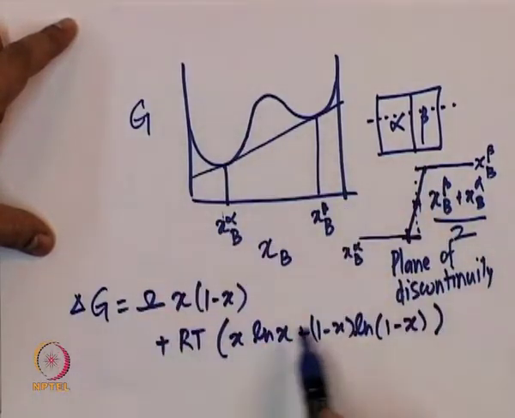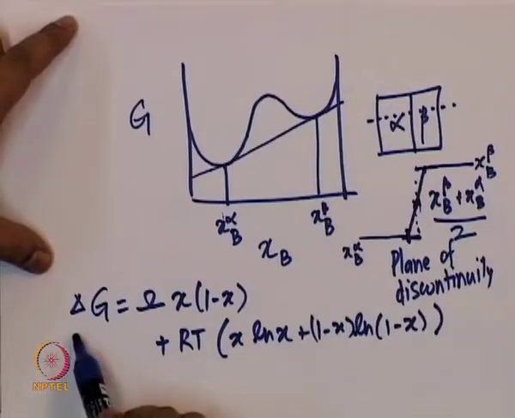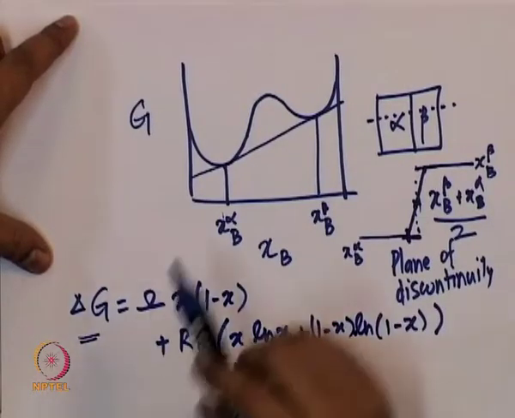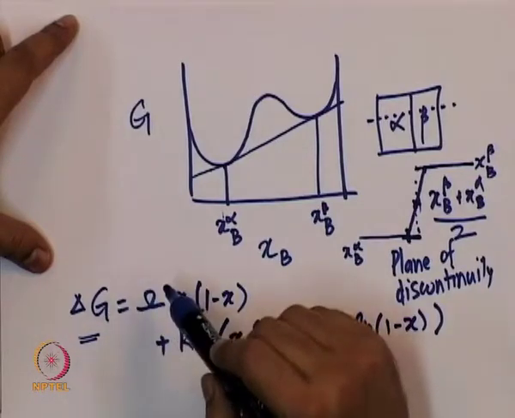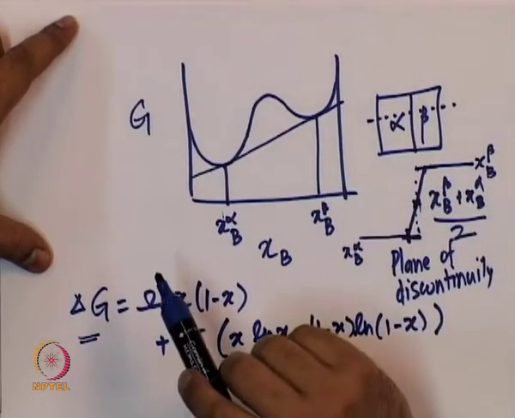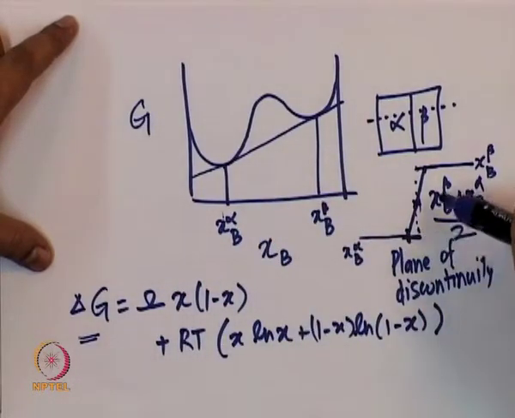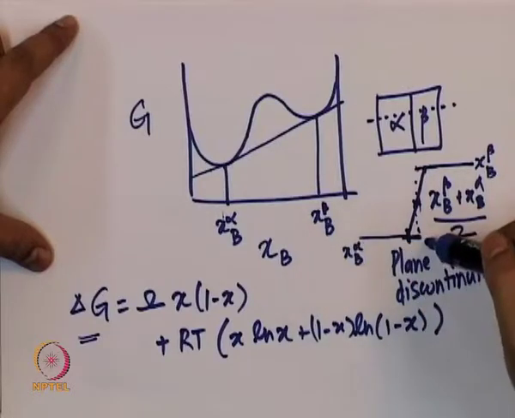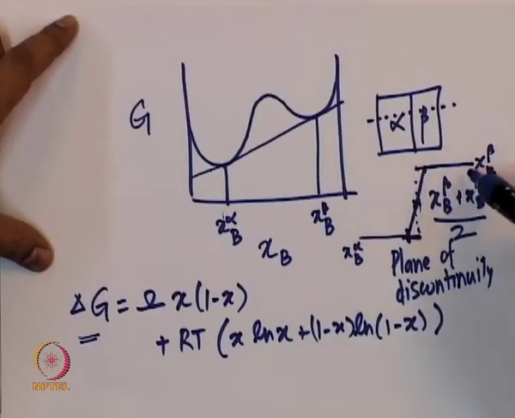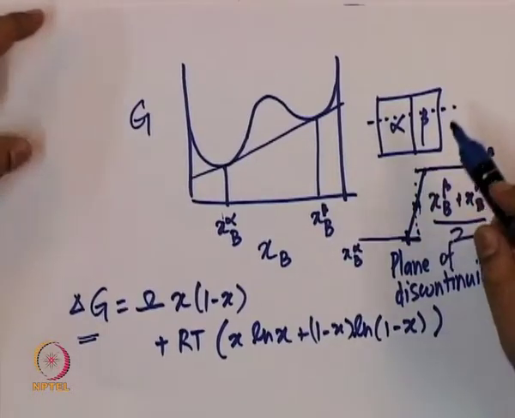So, in this we are only considering the composition, and only composition is contributing to the free energy. So, this is a free energy function, and you can take the derivative of the free energy function with respect to composition, you get what is known as the chemical potential. But a problem with this kind of model, especially when you have two phases, is that we are assuming a constant alpha composition and constant beta composition in the alpha and beta phases, and interfaces have discontinuity in composition.